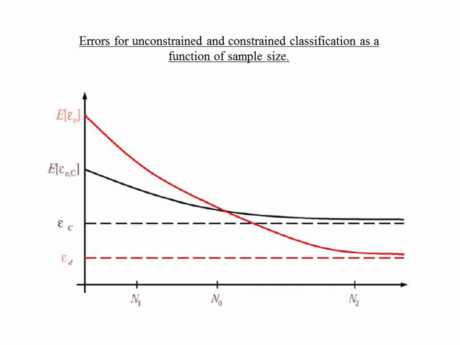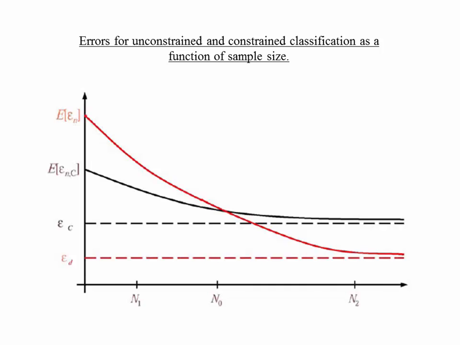That also you expect to decrease, and in the limit you expect it to approach epsilon sub C. Now, if you're operating with very large samples, you're better off dropping the constraint, because in the region to the right of this point, the expected error of the designed unconstrained classifier is less than the error of the designed constraint classifier. So you will go the unconstrained route.